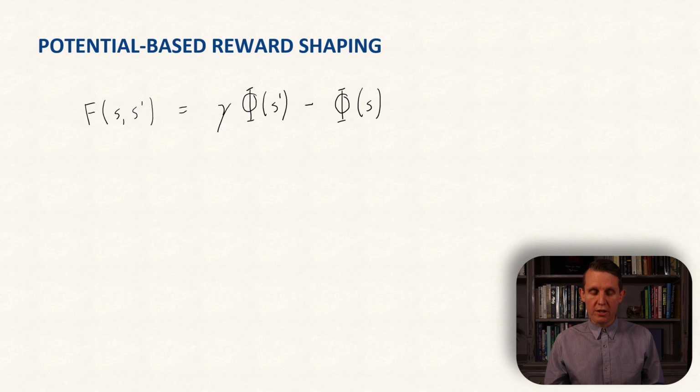This is a heuristic function that allows us to estimate a value for each state S. We then, from this, can define the value F(S, S') by calculating this value here.